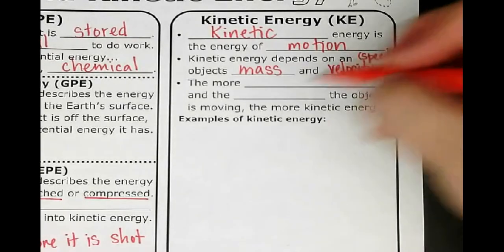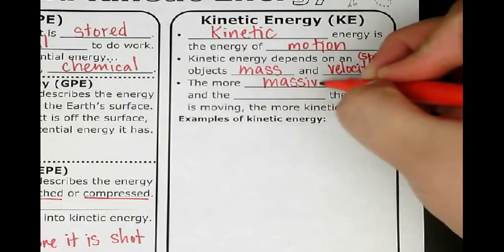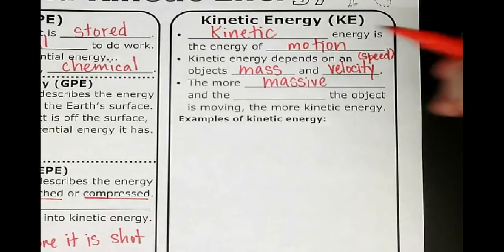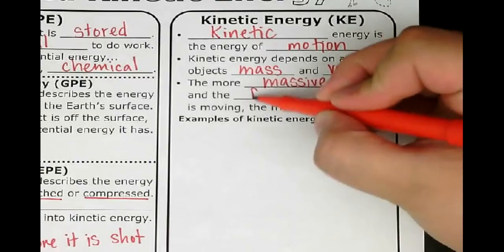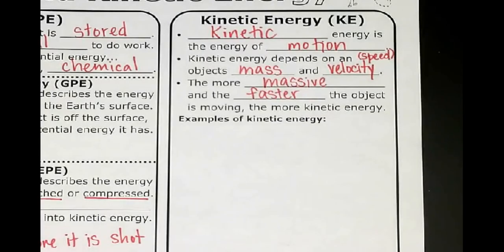The more massive and the faster the object is moving, the more kinetic energy.